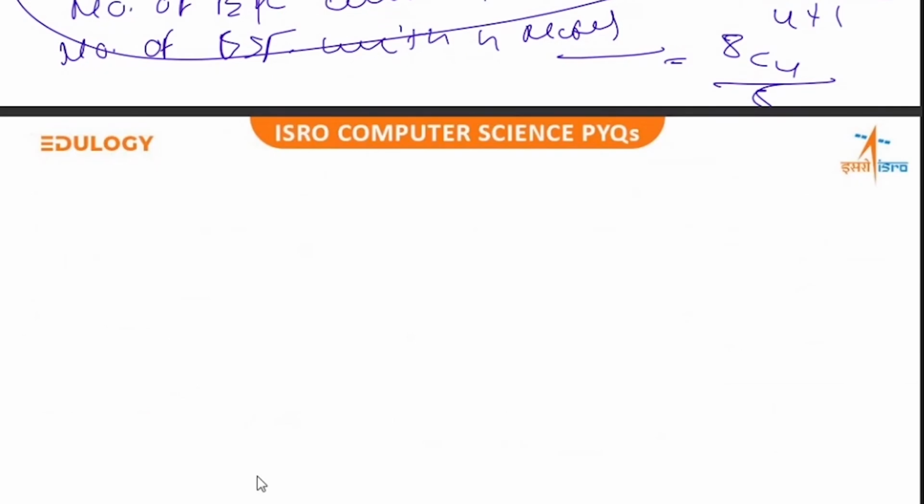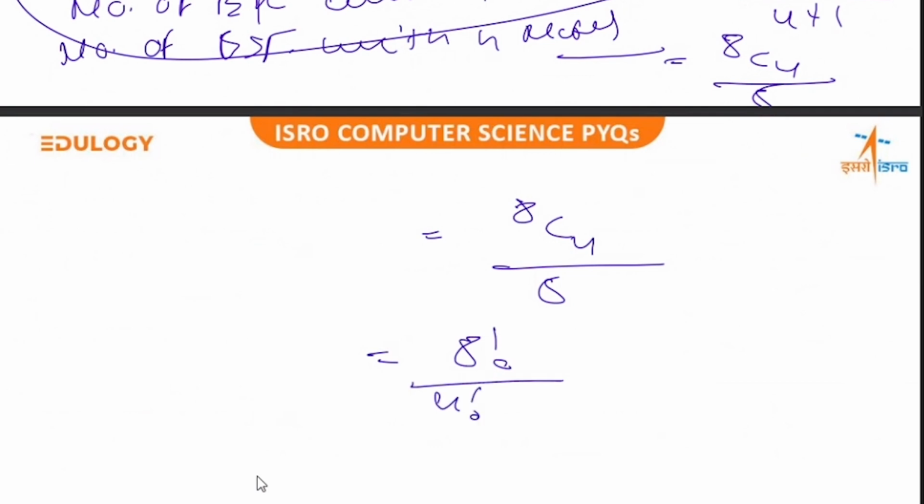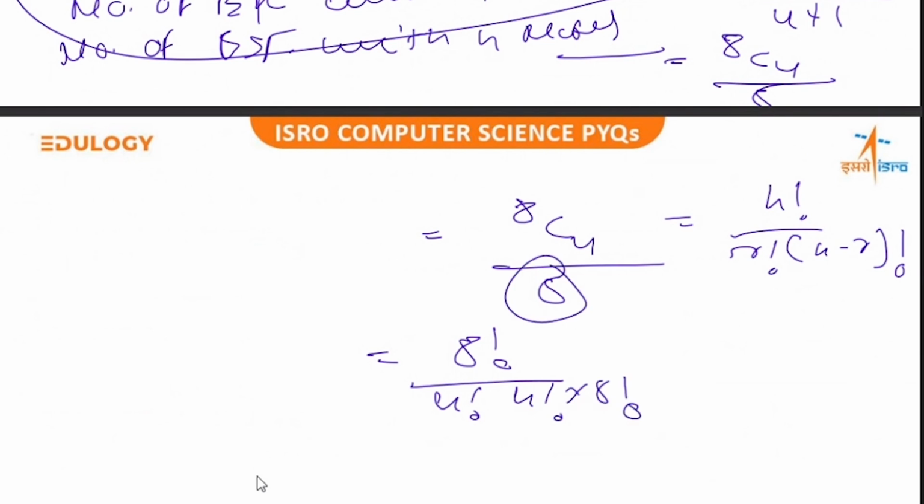This is generally your mathematics. So 8 factorial divided by 4 factorial into 4 factorial, that is n factorial divided by r factorial into n minus r factorial. This is the formula, I have already written it over here. You can check it out. Then 4 factorial into 5.